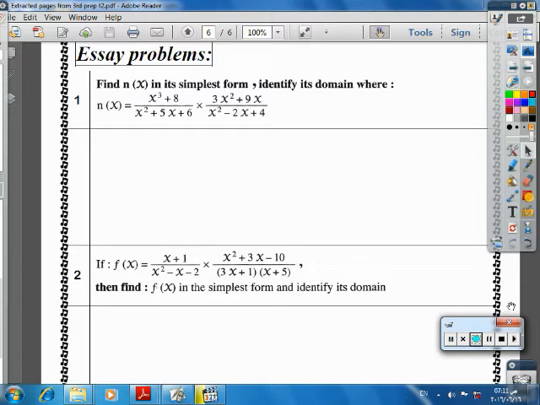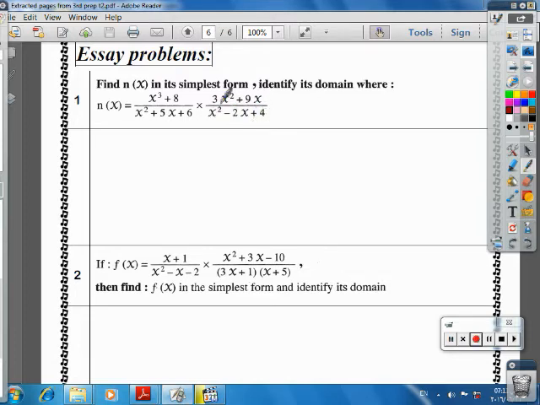Okay, page 27 in the sheet, exercise 1. Find n of x in the simplest form and identify its domain, where n(x) equals (x power 3 plus 8) over (x power 2 plus 5x plus 6) times (3x power 2 plus 9x) over (x power 2 minus 2x plus 4).